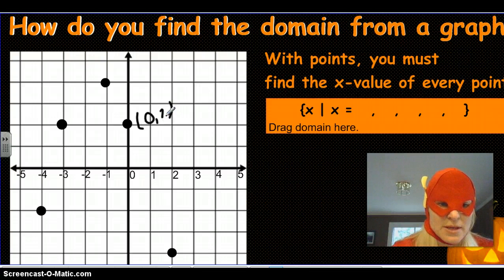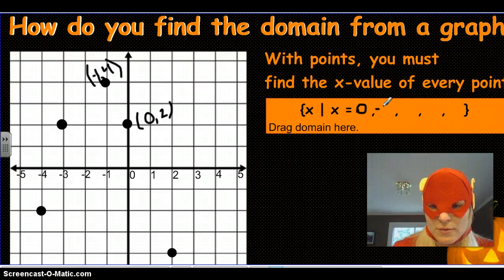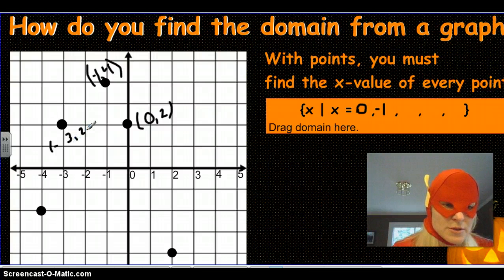So for this relation, which is everything that's graphed here, we have a 0. So in our domain, we're going to put 0. For here, the point is -1, and that's 1, 2, 3, 4, and +4. So again, for my domain, I would put in -1. Here we have -3 and +2. So -3 is part of the domain.